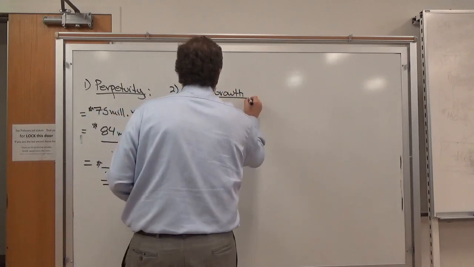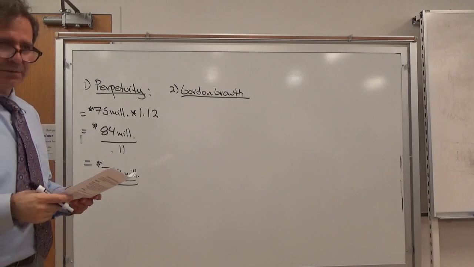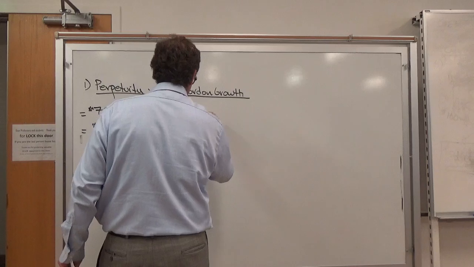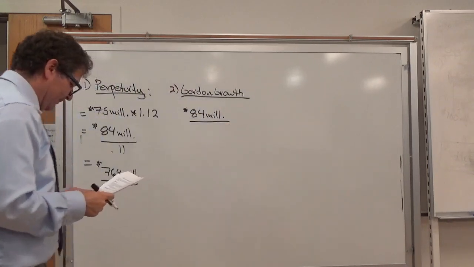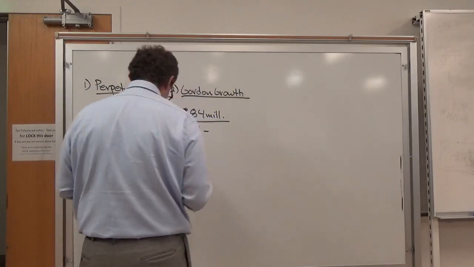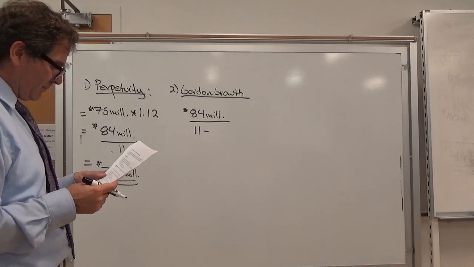Got it. And what do we use? We're going to use the same 84 million, divided by what? 0.11 minus... Do they give us an NOI growth rate going in? 0.05.